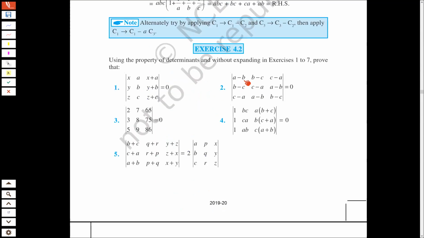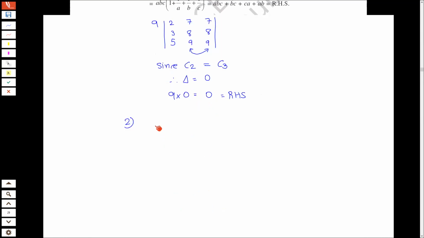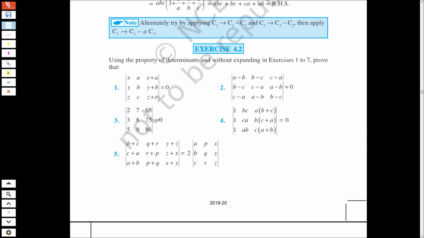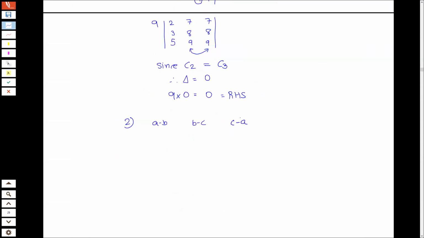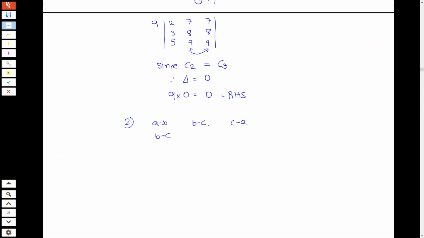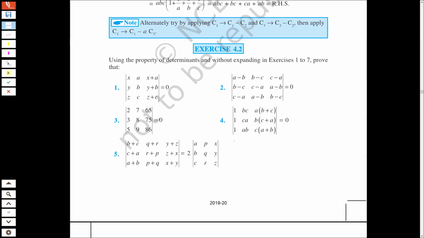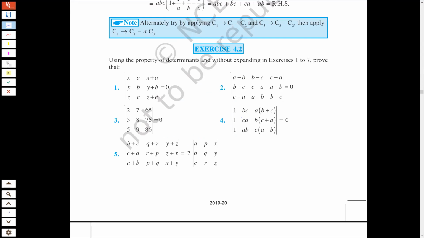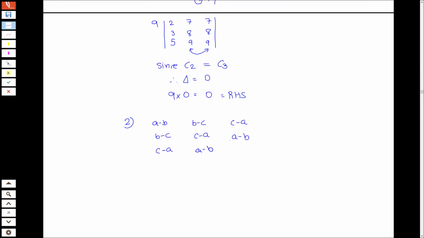So in question number 2, I have a minus b, b minus c, c minus a, then b minus c, c minus a minus b, then c minus a, चक्कर आ जाएंगे थोड़े, a minus b and b minus c.